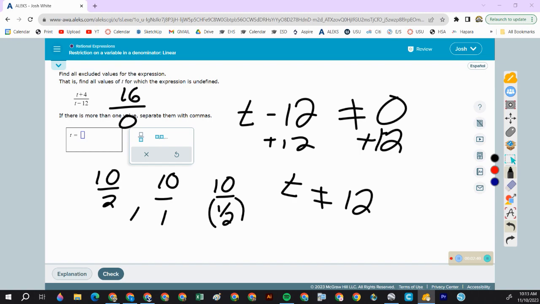You cut it so each piece is 1/2 inch long. How many pieces do you have? 20. All right. What about 10 over 1 over 10? Now you have 100 pieces, right? What about 10 over 1 over 1 million? Now you have 10 million pieces. Okay?